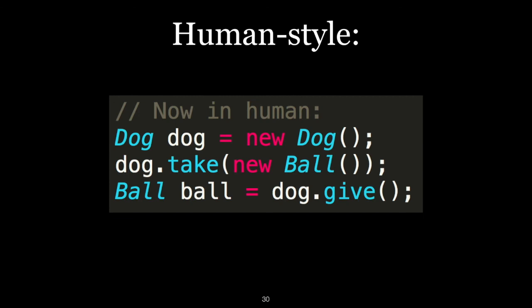A lot of times it's that difference in terms of mentality of how you view an object. You could of course set the dog's ball or whatever, but it's much more understandable when you don't think of setting some data and getting some data, but you start thinking of objects themselves as self-sufficient.